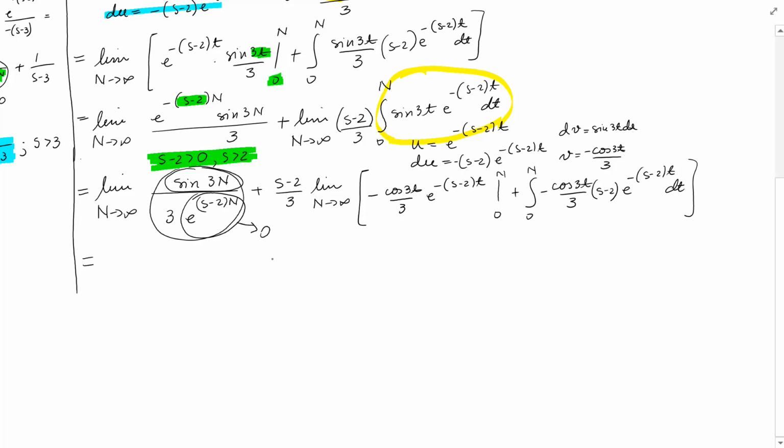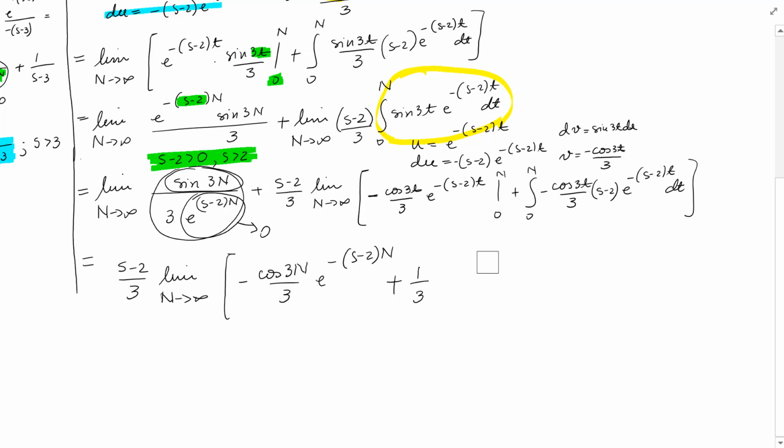So then we end up with s minus 2 over 3, and then the limit as n is approaching infinity, and let's do the parentheses. Well, when we set t equal to n, we get negative cosine of 3n over 3 e to the (s minus 2) to the n, and then minus, and we set t equal to 0, so I already have a minus here, so plus cosine of 0, it's 1 over 3 e to 0, which is 1.